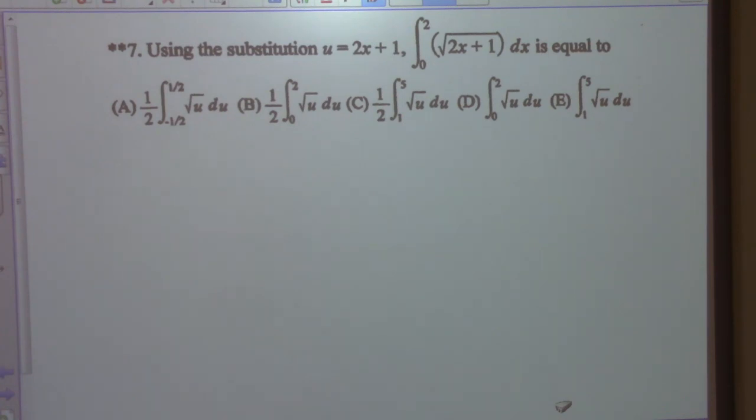This is one where you don't actually work the whole thing out, but it's really the setup of it.